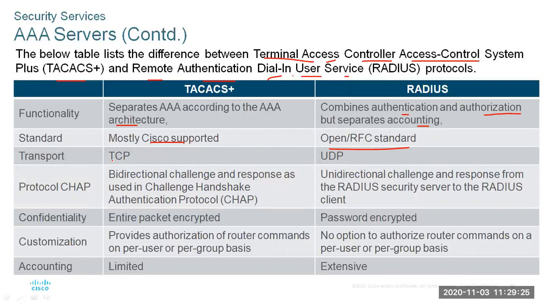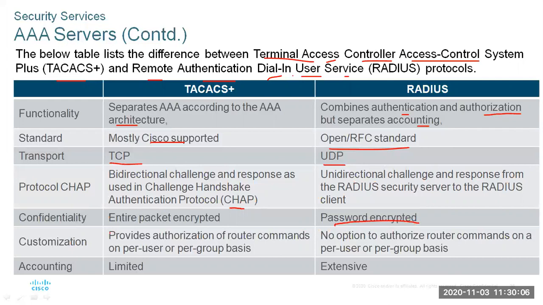TACACS uses TCP, RADIUS uses UDP. TACACS is bidirectional challenge and response, as it uses the Challenge Handshake Authentication Protocol, CHAP. But RADIUS is unidirectional challenge and response from the RADIUS security server to the RADIUS client. TACACS encrypts the entire packet, but RADIUS encrypts only the password.